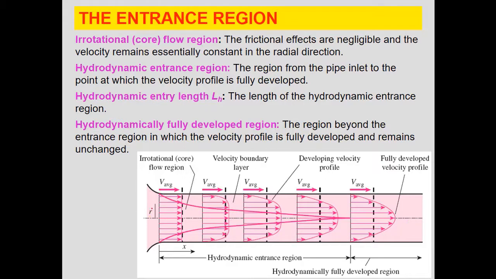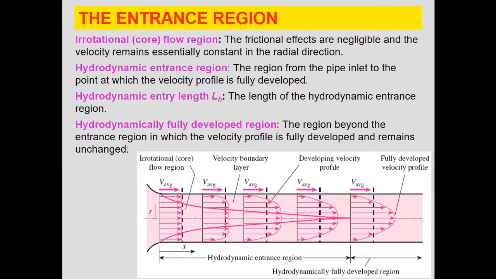Its radius is R, and in this direction we have X, from the entrance to the end of that pipe, or in the X direction actually.